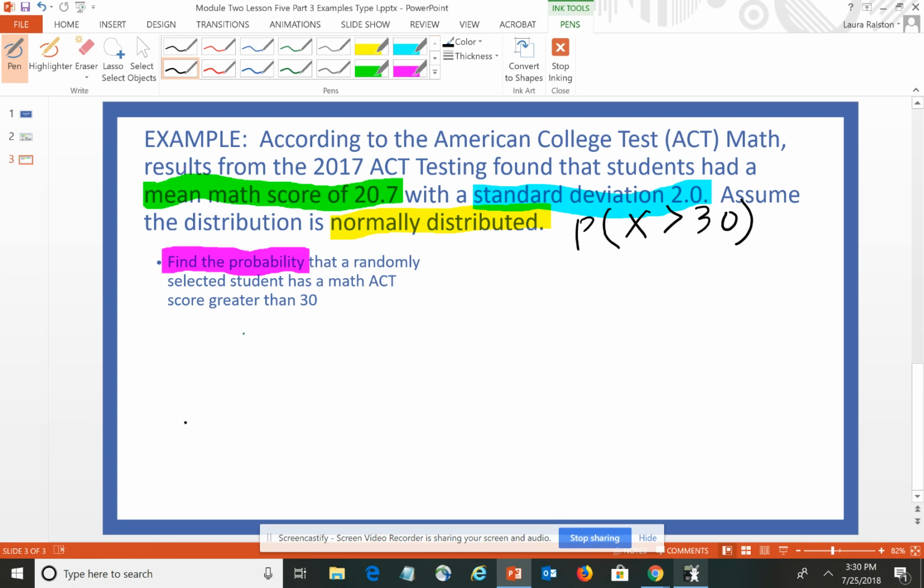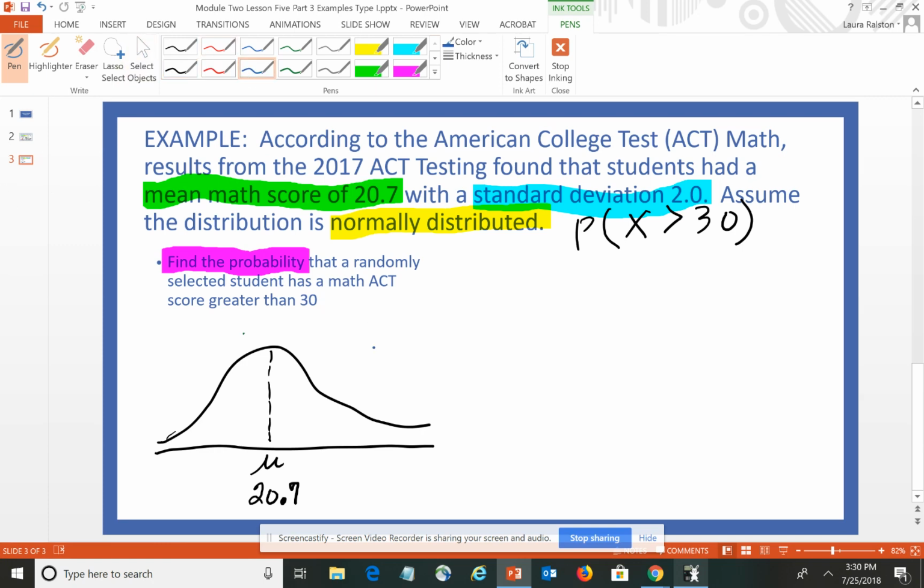Again, we want to draw ourselves a picture of what's happening. So I'm going to draw my horizontal axis, my bell-shaped distribution. The mean is in the middle, which we know to be 20.7. With respect to 20.7, 30 would be to the right-hand side. So 30 is going to be up here somewhere. We want to be greater than 30.